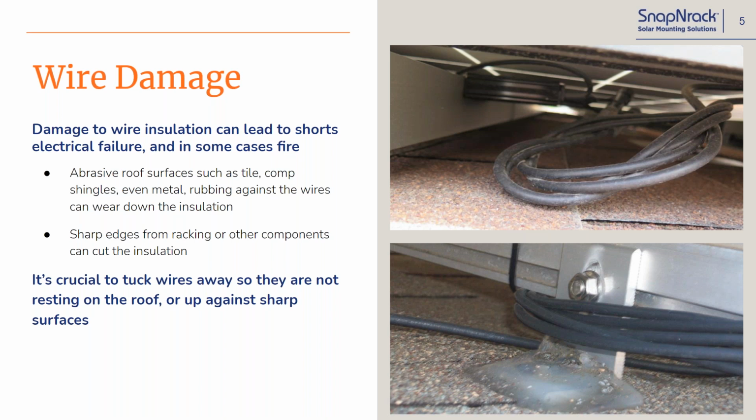That's going to end up with low customer satisfaction, because all of a sudden their system's not working because one of the wires got cut and the system shuts down, or you're going to have service calls, and it happens pretty quick, within a couple years, sometimes within days. The other big thing is it's going to fail inspections when you have a good inspector that actually gets on the roof and looks at what's going on, or even, in some of these images that are pretty bad, looks up under the array.